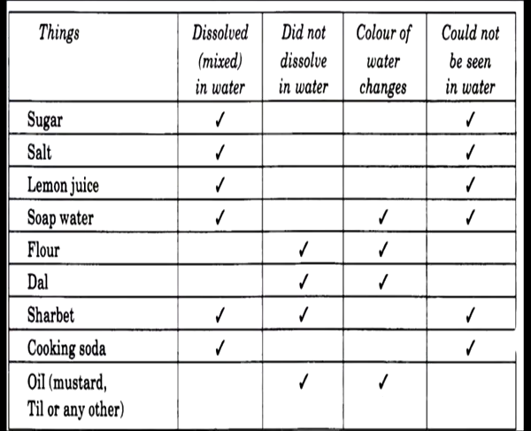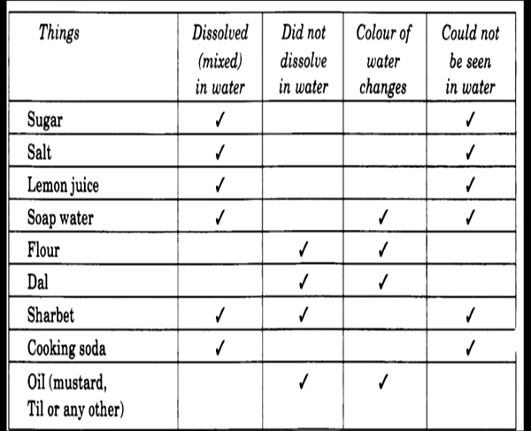See this activity. There are things like sugar, salt, lemon juice, soap water, flour, dal, sharbat, cooking soda, oil, mustard oil or any other. This is a problem for the child. You may ask, what can be dissolved in water that is mixed? What did not dissolve in water?